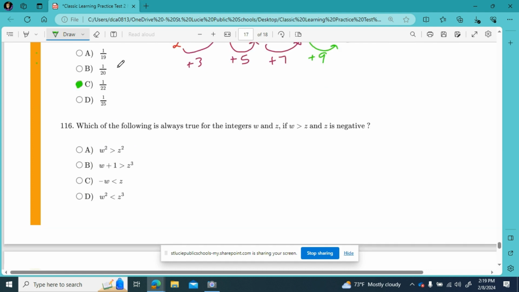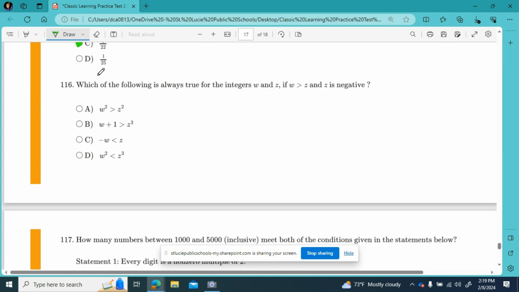And we're going to roll on to question number 116, which says, which of the following is always true for integers w and z if w is greater than z and z is negative? So I'm going to say, okay, w is greater than z.